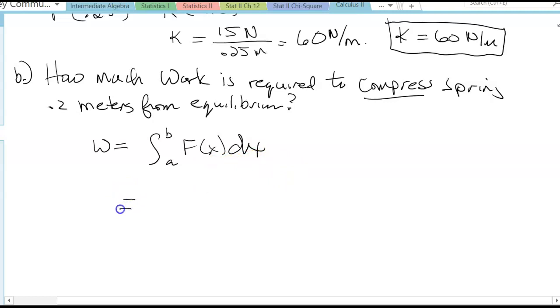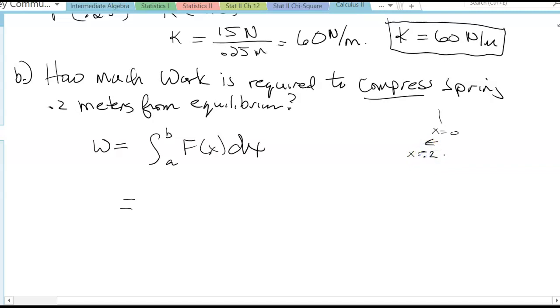So now, let's think about what's happening. We want the work required to compress. So remember, equilibrium is x equals 0. We want to compress the spring to x equals 0.2 meters from equilibrium. Because it's being compressed and moving to the left, that's a negative 0.2.